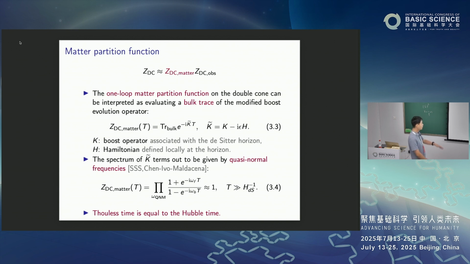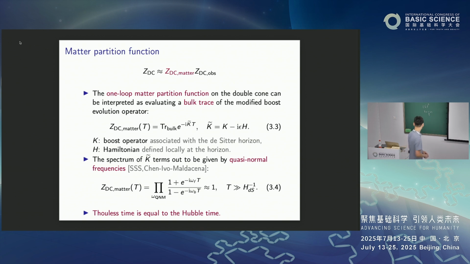So locally, you have a Rindler horizon, right? So it's locally flat. So H is defined as a global time translation near the Rindler region. No, it's not a boost.